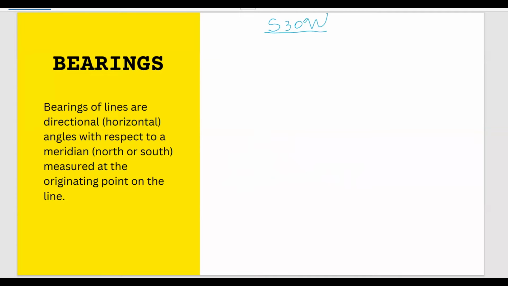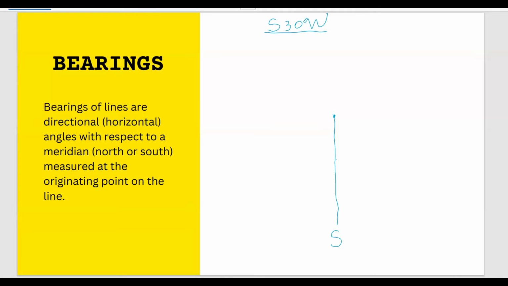Let's see what that means. So I'm told that the meridians here are north or south. So I'm given the bearing south, so my meridian is going to be south. Okay, this is the south. And I'm starting here, and I have to go southwest.